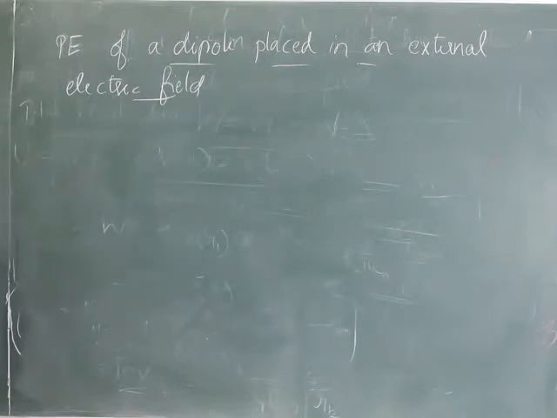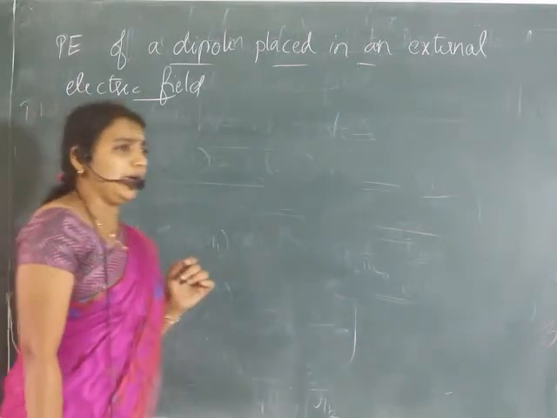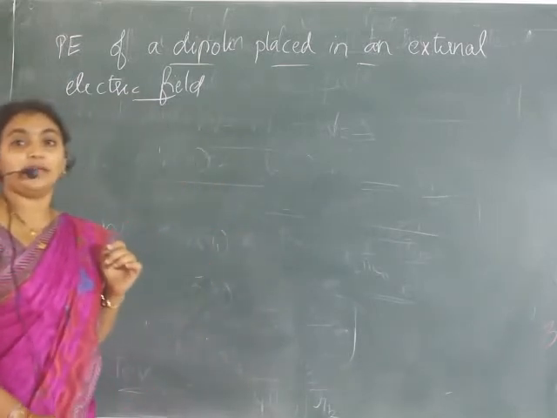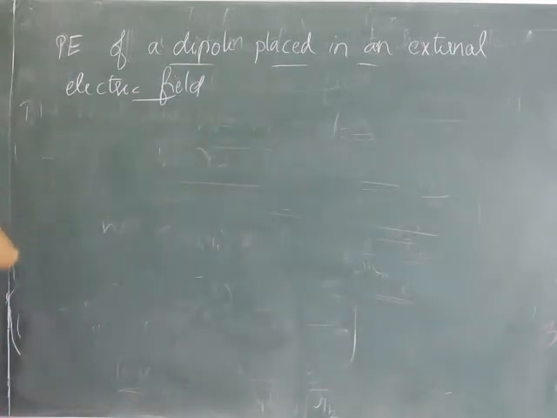You have to derive the expression. What do you mean by dipole? Dipole is a pair of equal and opposite charges separated by the distance 2a.